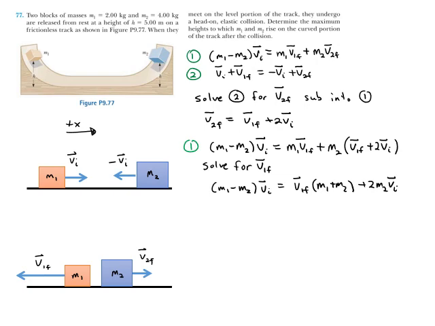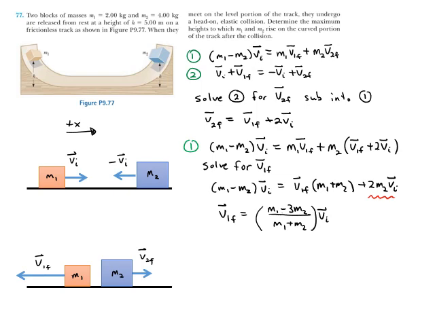And when I subtract this piece over to the left side, instead of m1 minus m2, I'll have m1 minus 3m2. So this is what that looks like after you've solved for v1f.